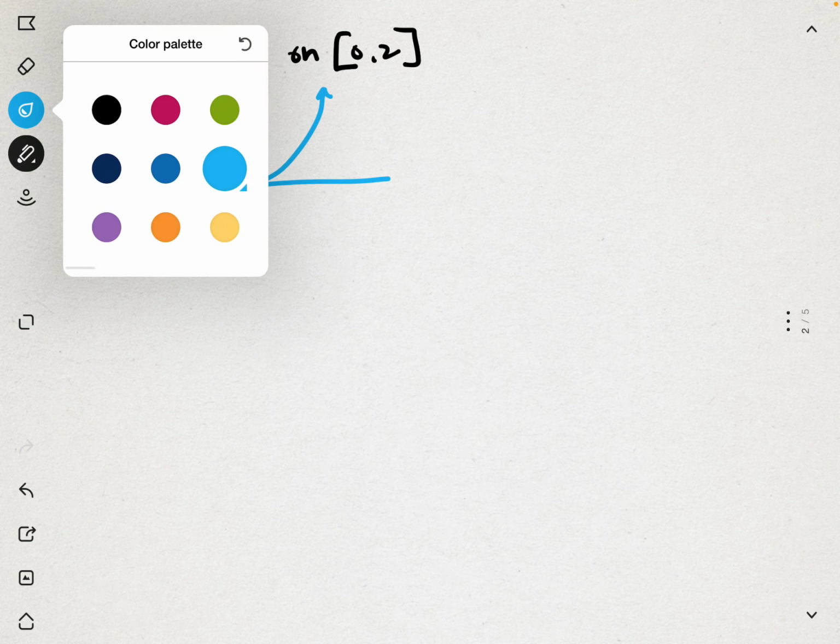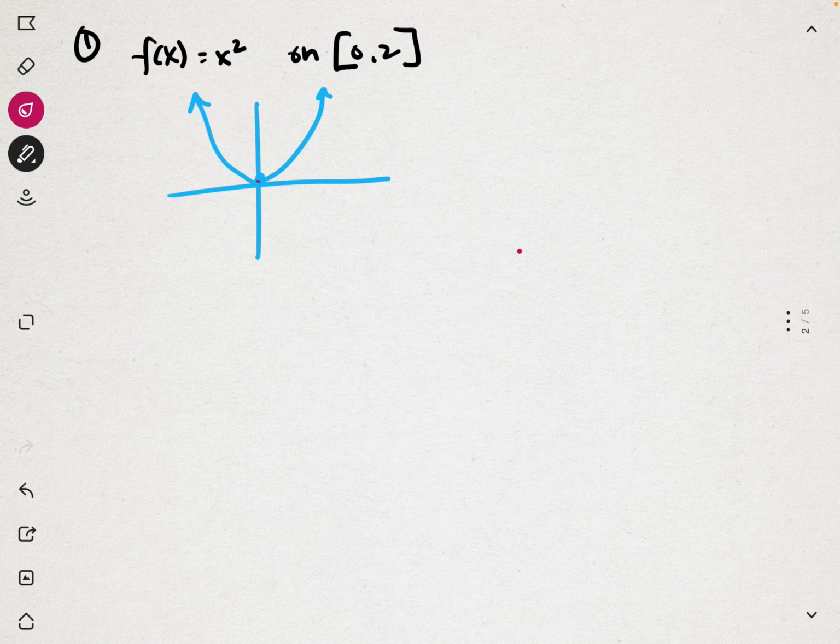We're trying to see how the mean value theorem applies to this parabola from 0 to 2. First we find the derivative, which is 2x, the instantaneous rate of change.